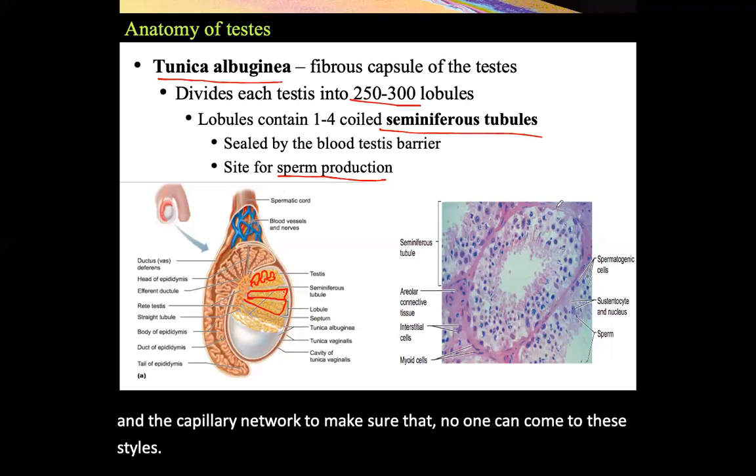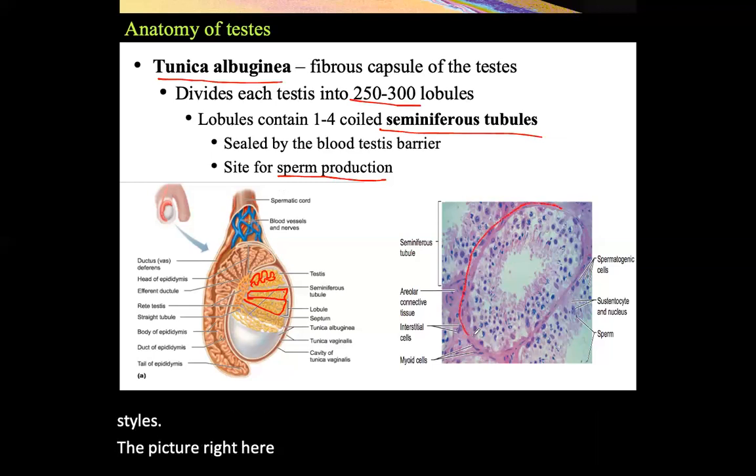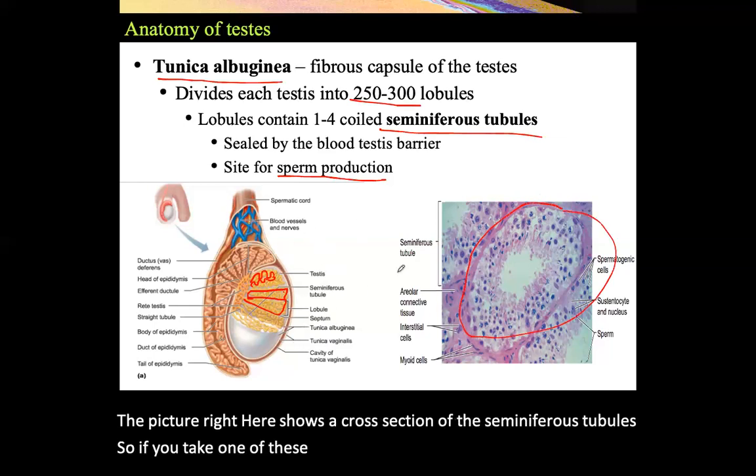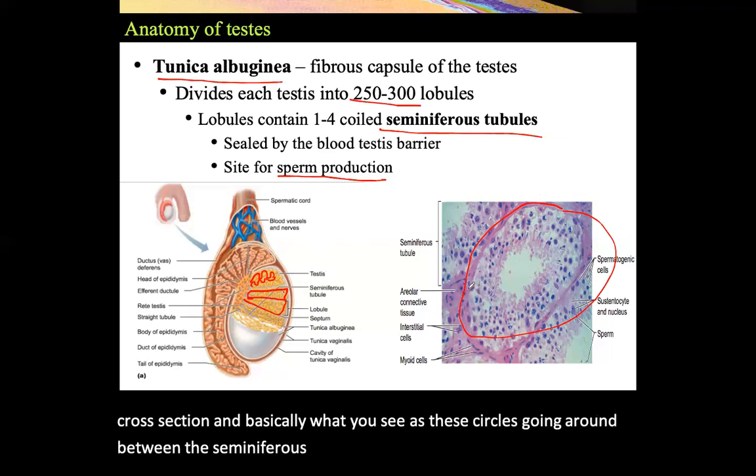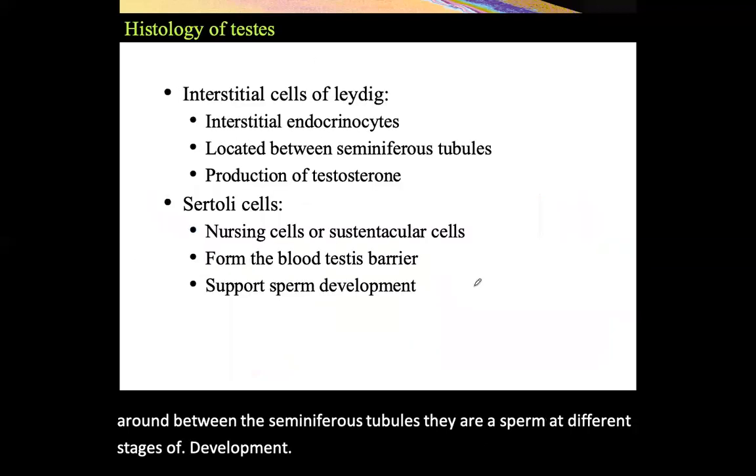The picture right here shows a cross-section of the seminiferous tubules. If you take one of these tubules, pull it out, and cut it, this is the cross-section. What you see as these circles going around within the seminiferous tubules are sperm at different stages of development.